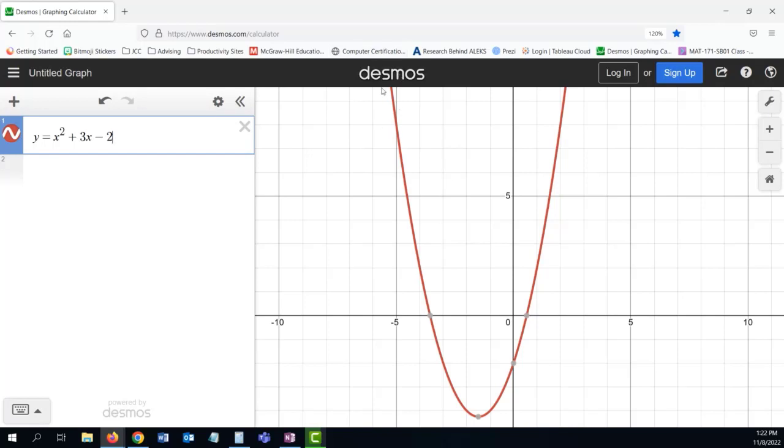The end behavior is what happens as x goes off toward negative infinity and what happens as x goes off toward positive infinity. Okay, so when I look at this parabola, this first term is squared. The second term is multiplied by 3, and then the last term is a constant.